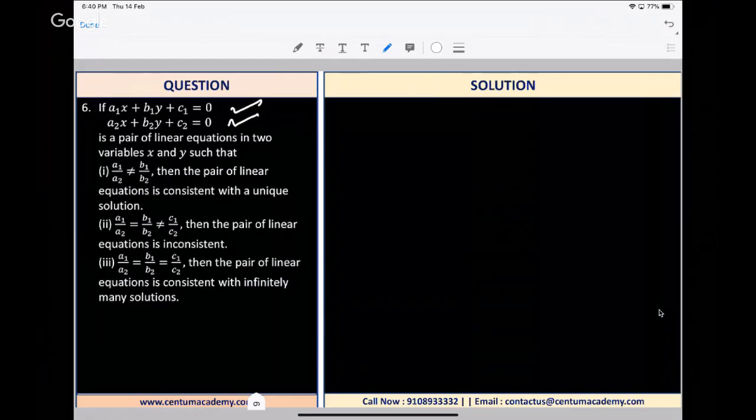We say that if a1 by a2 is not equal to b1 by b2, then the pair of linear equations is consistent. Please remember, inequality of the first two ratios is consistency. That means you will get one pair of solution. In the second case, the pair of linear equations is inconsistent when a1 by a2 is equal to b1 by b2, but it is not equal to c1 by c2.